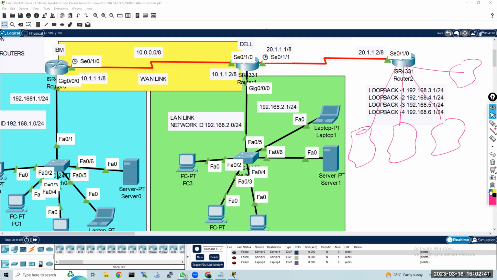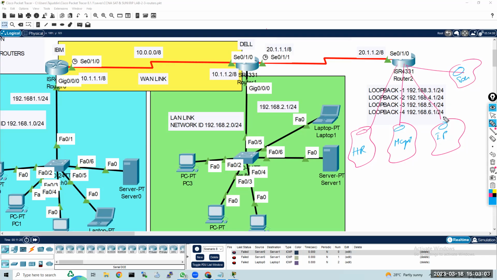Now the question is, we cannot use the real devices. Maybe you are connecting a lot of routers inside your organization. Say this is your HR, this is your management, this is your IT team, and this is your sales team.